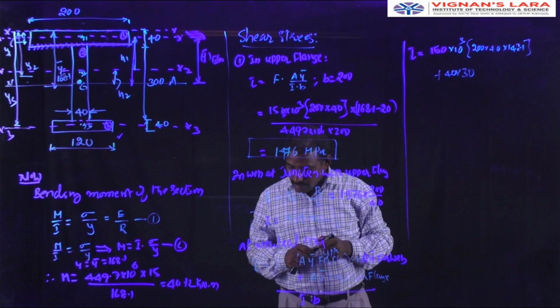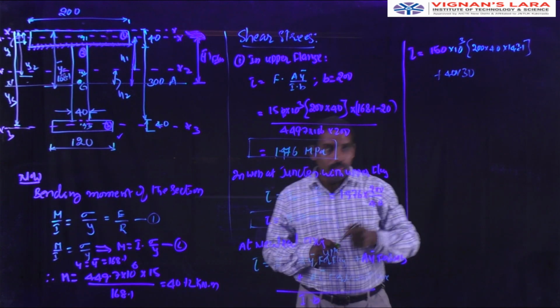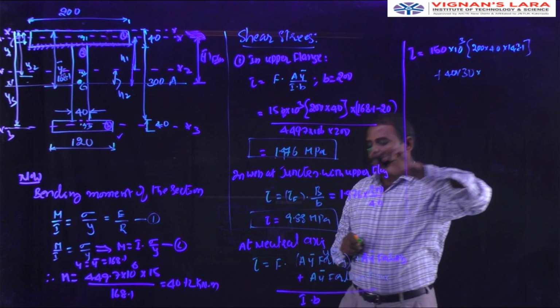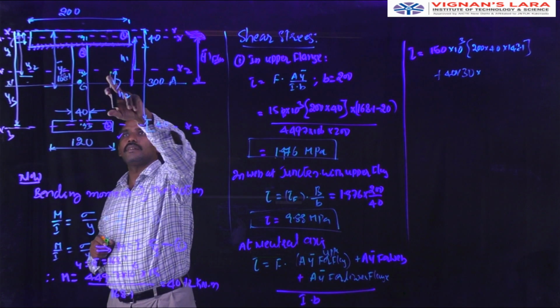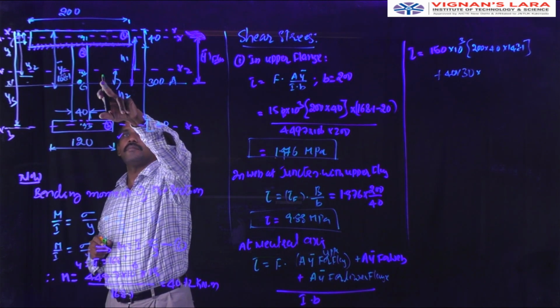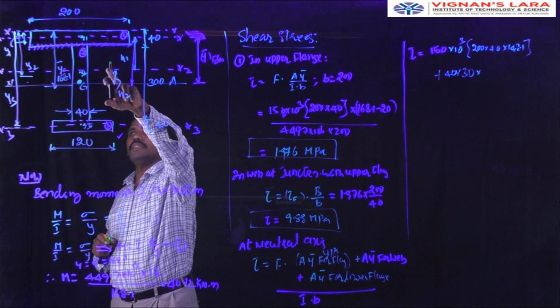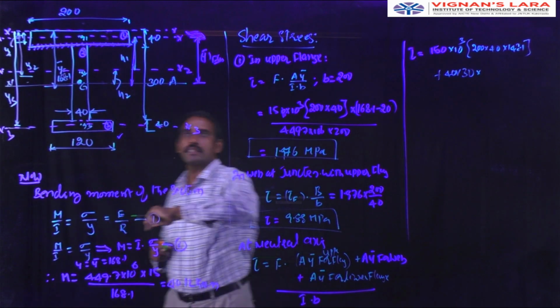So what about that value? Simply 40 into the y bar. From the neutral axis, the y bar is 168 minus y2, with y2 being 40 plus 190, so 168 minus 190.